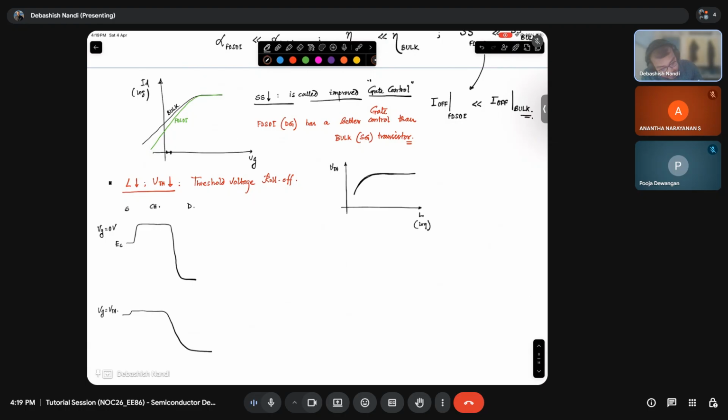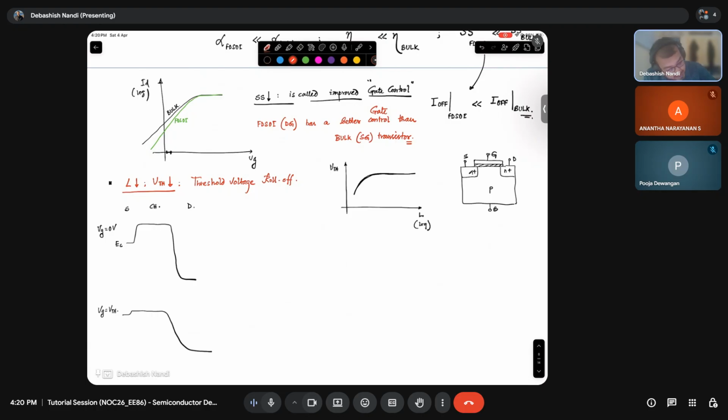So I am drawing the band diagram. So N plus, P, body, drain, source.